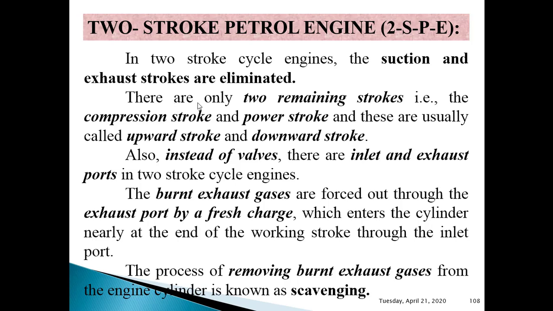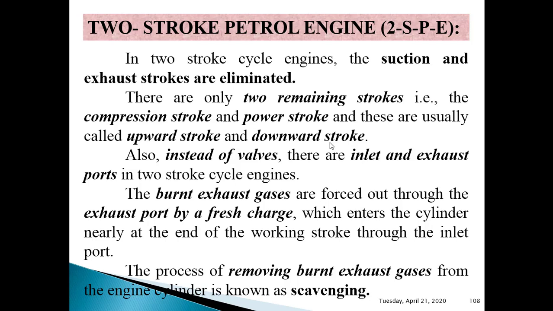You can see here there are only two strokes remaining, the compression stroke and the power stroke, and these are usually called the upward stroke and the downward stroke. As you already know, a stroke is when the piston travels from one dead center to another dead center.